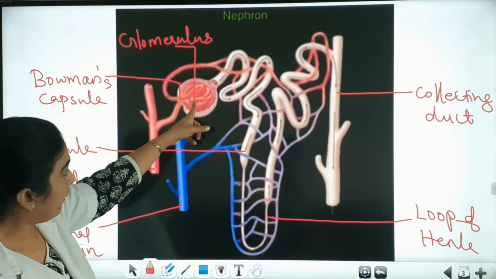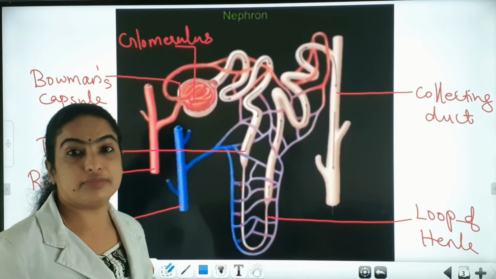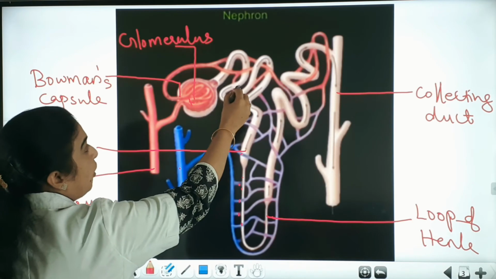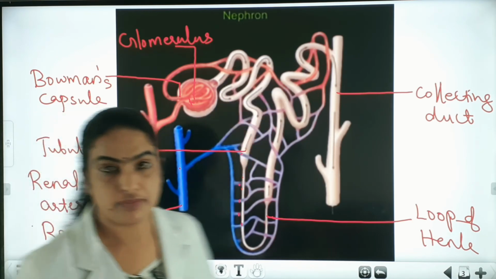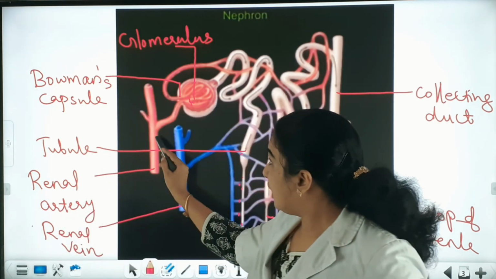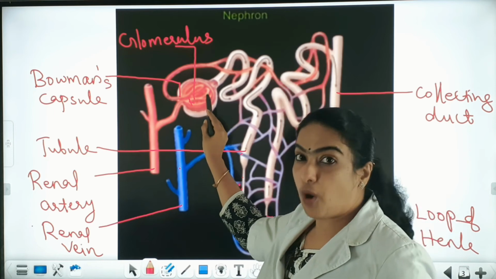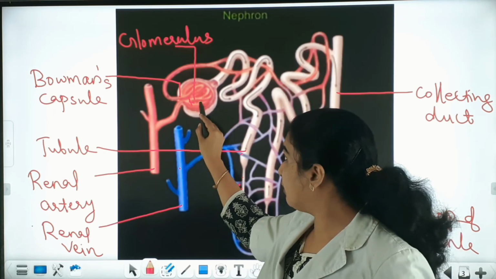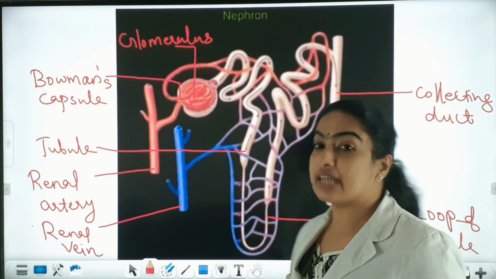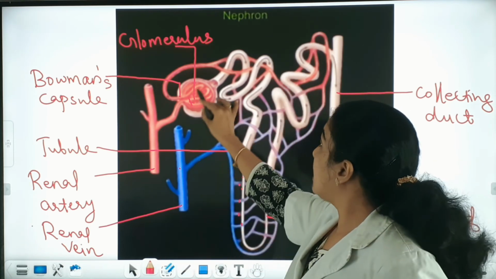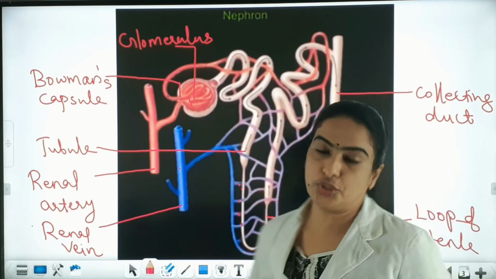And from there, after filtration, the filtrate comes out from the Bowman's capsule and enters into the tubule. So once more, the renal artery brings blood into the Bowman's capsule, or into the glomeruli, for filtration. After filtration of blood, the filtrate comes out of the Bowman's capsule and enters into the tubule.